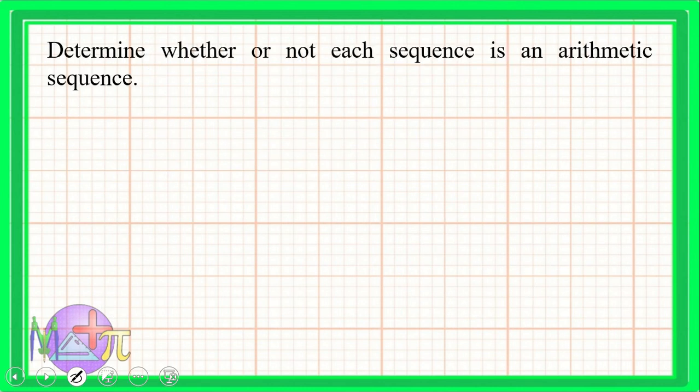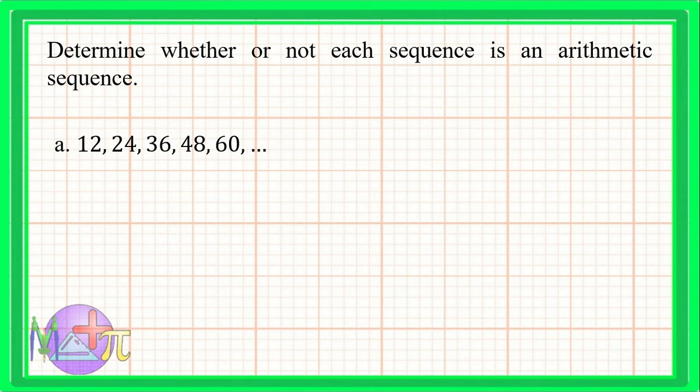So next, ito na. Determine whether or not each sequence is an arithmetic sequence. For example, we have 12, 24, 36, 48, 60, and so on and so forth. First, let us identify what type of sequence letter A is. Is it finite or infinite?